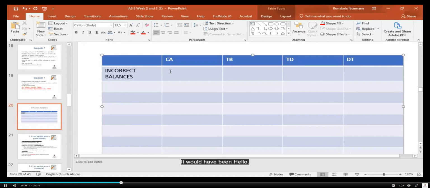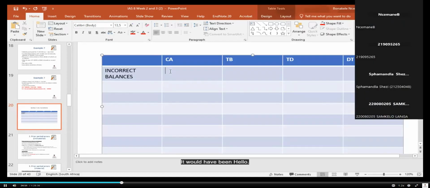It would have been 100,000, right? Yes. And then what would have been its tax base? 96,000 would have been the tax base of the asset.